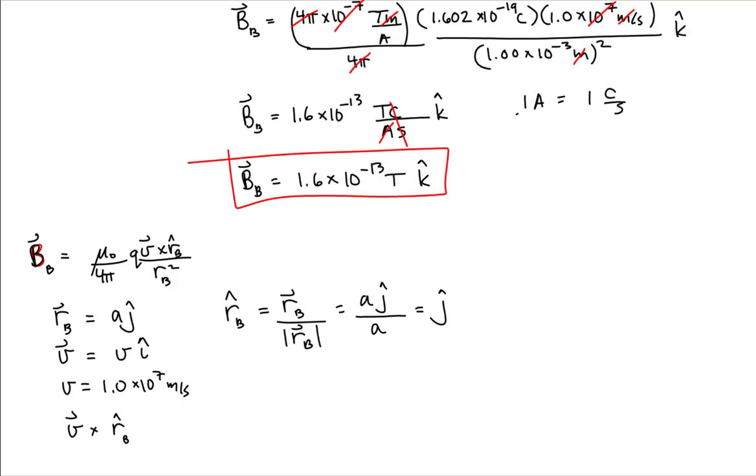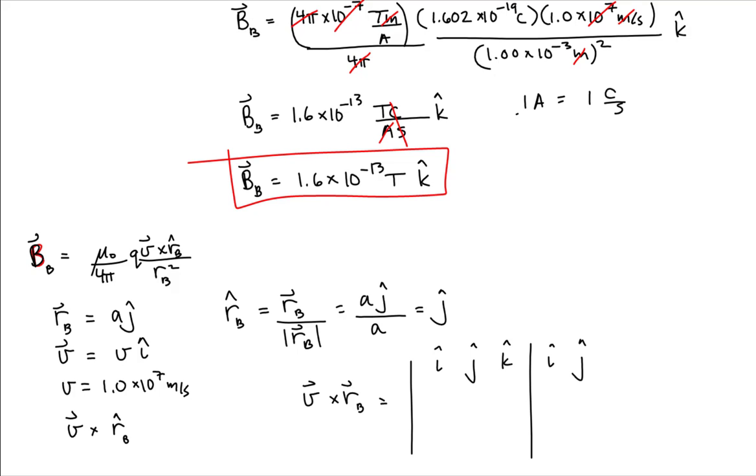Now let's use this to evaluate the cross product between our velocity vector and the unit vector. I'm going to use a 3x3 matrix to determine the result of this cross product. We've discussed this in our Physics 4A class, at least if you've taken Physics 4A from me.